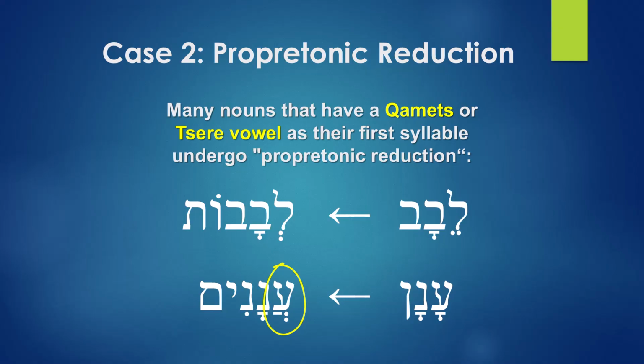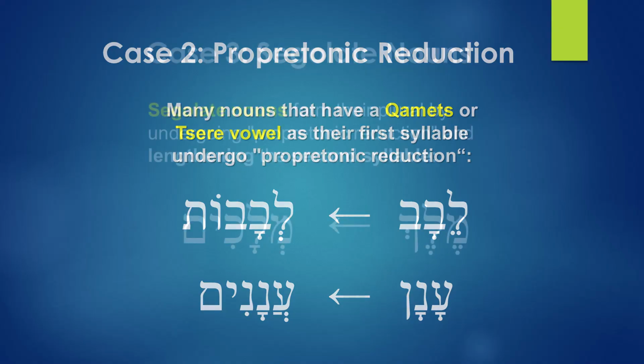They never accept a simple shua, and most of the time they'll take a hatef patach. So instead of a simple shua, this ayin is going to take a hatef patach. But the rule is still the same. It was supposed to take a shua, but instead it has taken a hatef patach. And that is ananim, meaning clouds. This is case number 2.